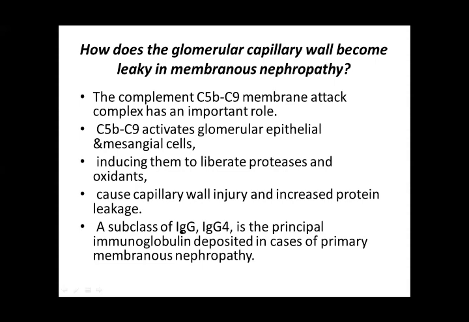Right. So IgG4 is deposited in case of primary disease, which is idiopathic, and a membrane attack complex may be discovered. The membrane attack complex means all the components of C5b to C9 are present there.